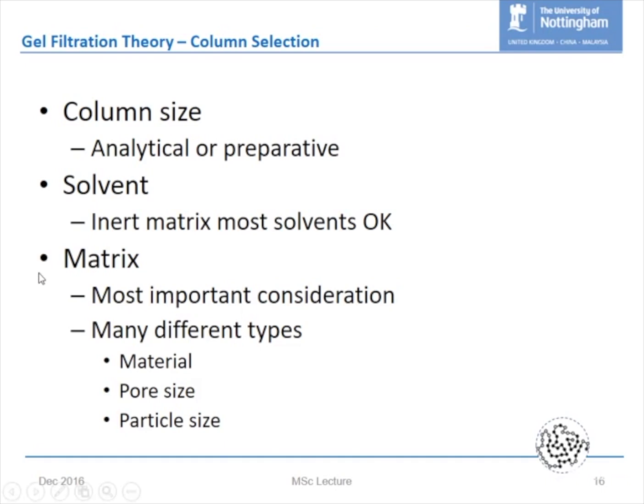Okay, but as far as the matrix is concerned itself, that is the component that's most important. There's a whole series of materials, and a range of particle sizes and pore sizes. When you actually choose a column, you choose it by design based on the molecules that you're wanting to try and separate.